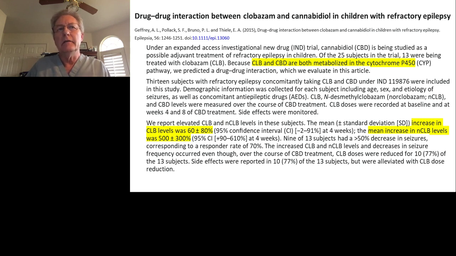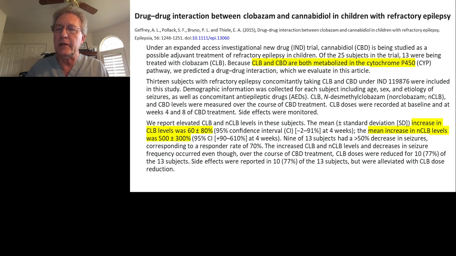In this study, using Epidiolex, which is now the first phytocannabinoid that's been approved by the FDA for use in treatment-resistant seizures, there was a 2 to 6-fold elevation in the active metabolite of clobazam, N-clobazam, levels at 8 weeks. So this, again, is something that needs to be paid attention to.